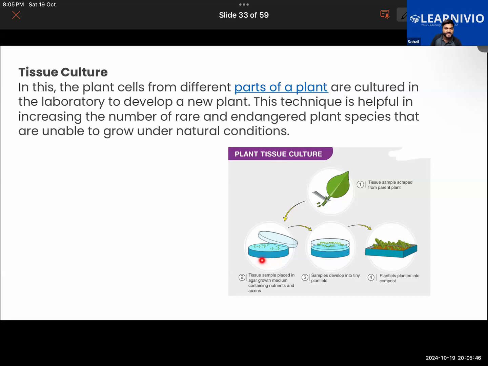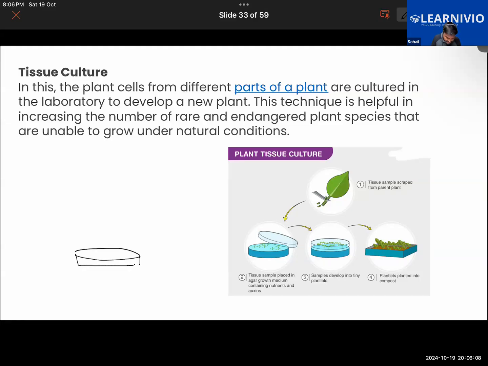And how does this special medium promote growth? It contains nutrients and growth promoting hormones. So the first step is to collect the tissue sample from the parent plant. Next, you put it under a glass structure like this.